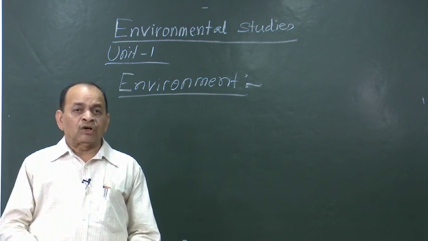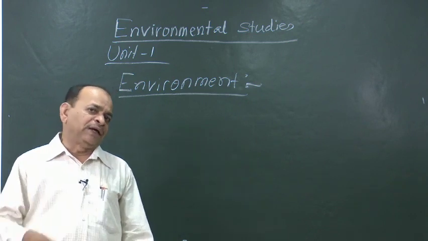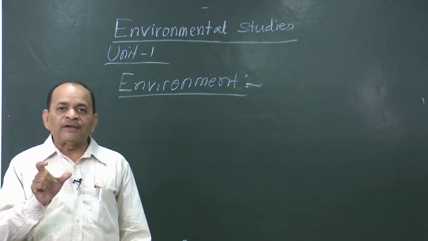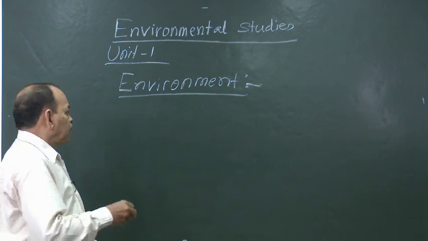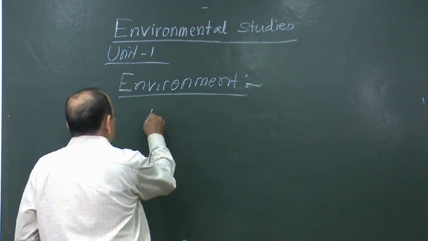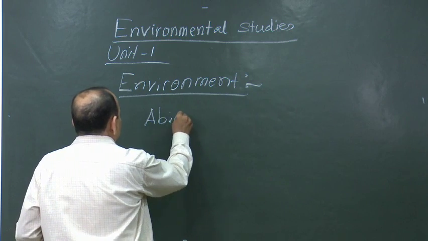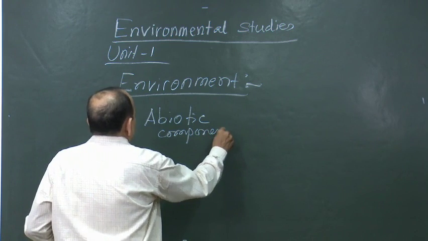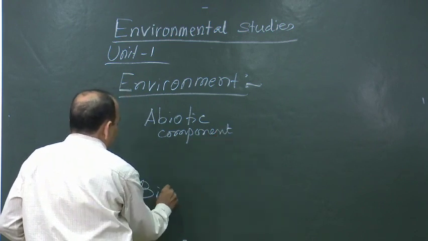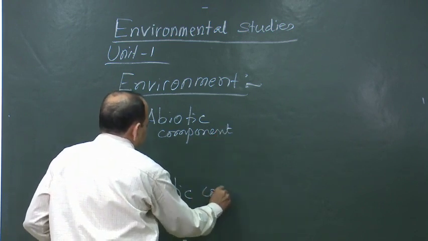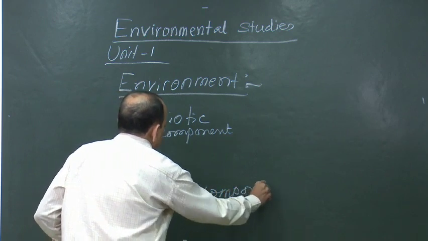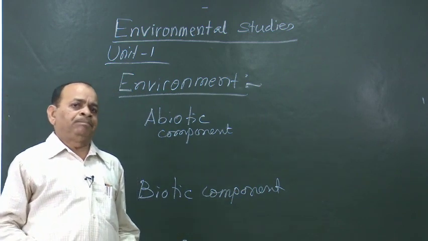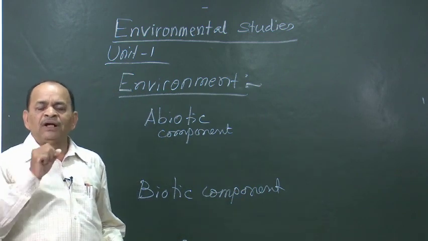Then the components of environment: living and non-living parts are there. So, these are the two components, the living or biotic and the non-living or abiotic component. Abiotic means non-living components, biotic means living components.